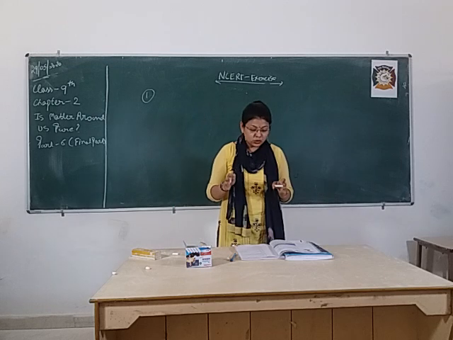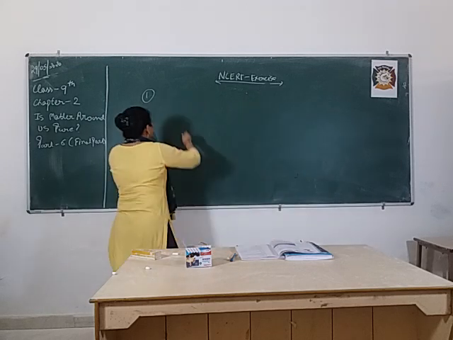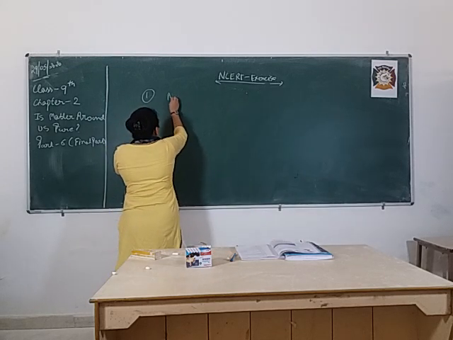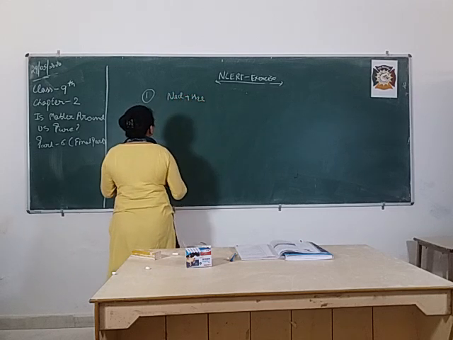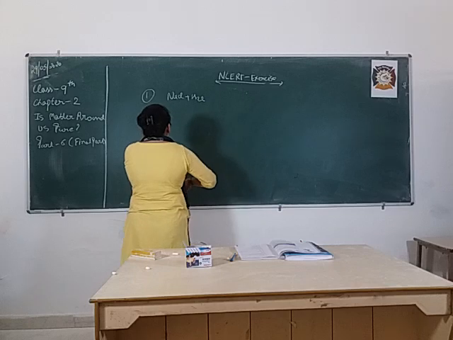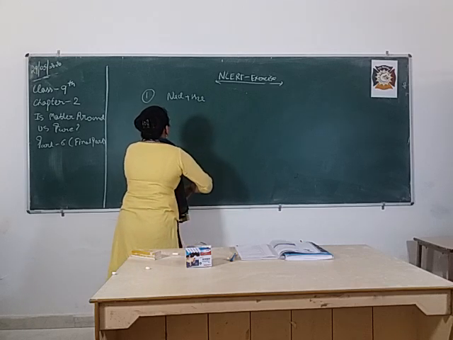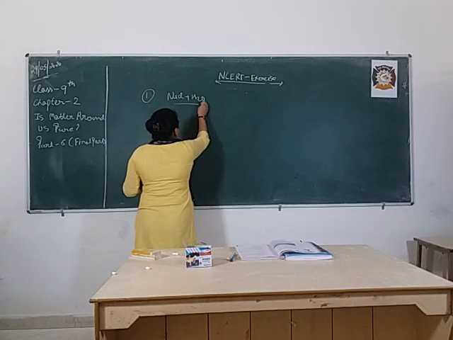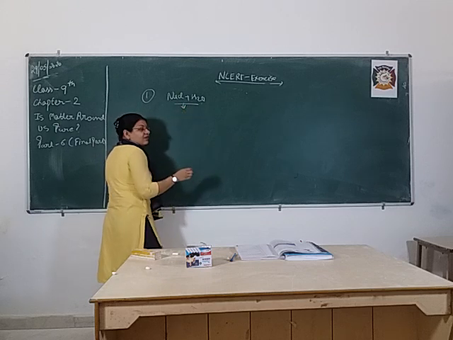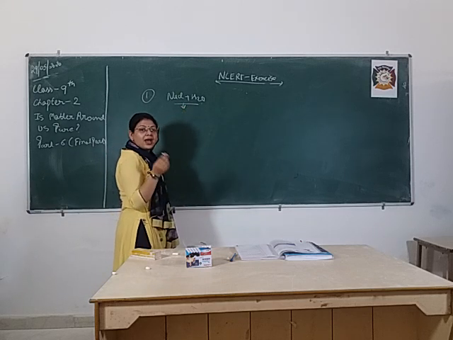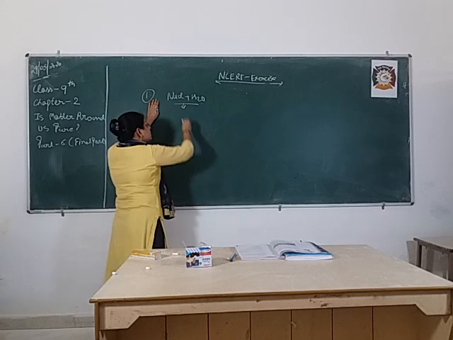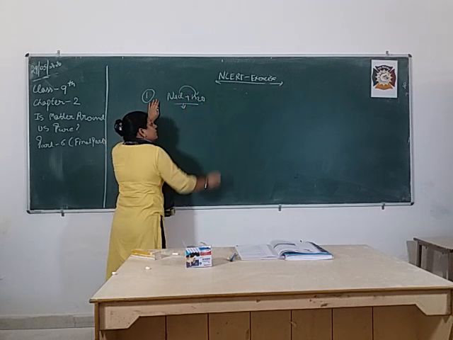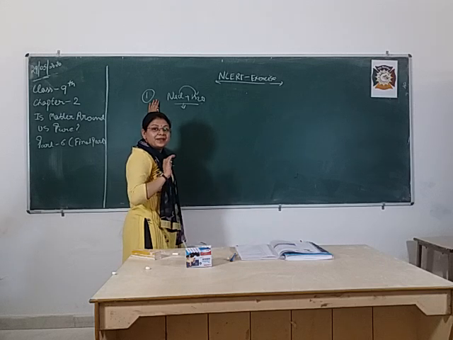Like the first question, sodium chloride in water, that is NaCl and water. Firstly, you have to see whether this is homogeneous or heterogeneous. That means, is this solution uniform? Yes, because when salt is dissolved in water, it dissolves completely.